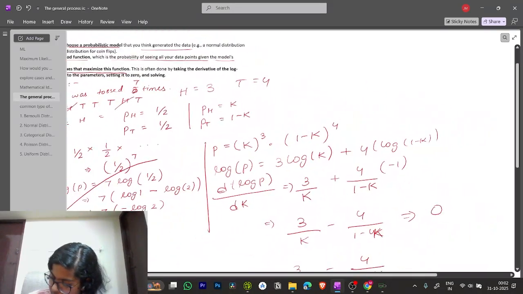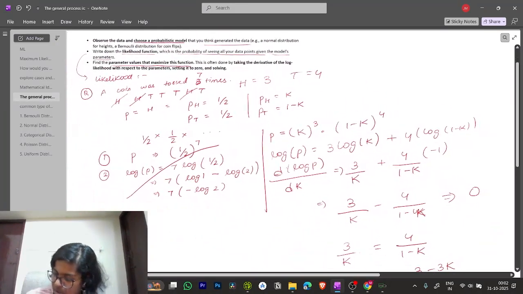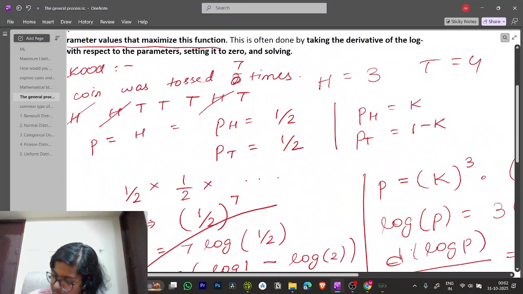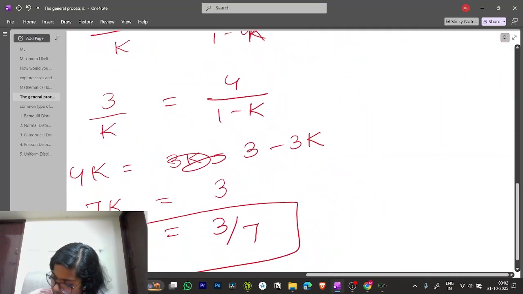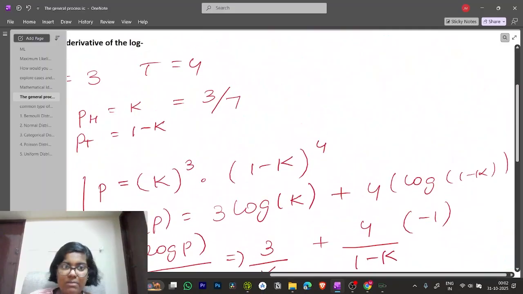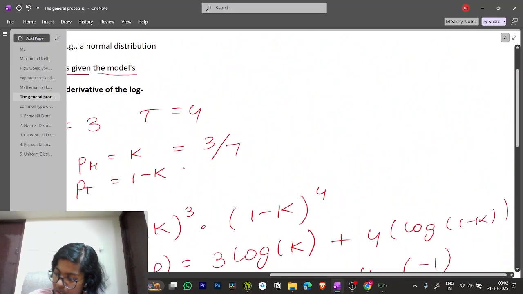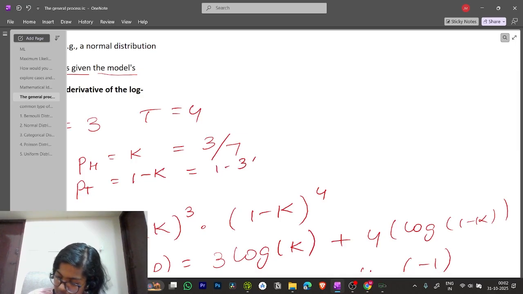So you can see here, based on our sample space, there are 3 heads. So P of h is equal to 3 divided by 7, as we have derived from this maximum likelihood estimation, and P of t is 1 minus 3 by 7, which is equal to 4 by 7. Understood? Yes.